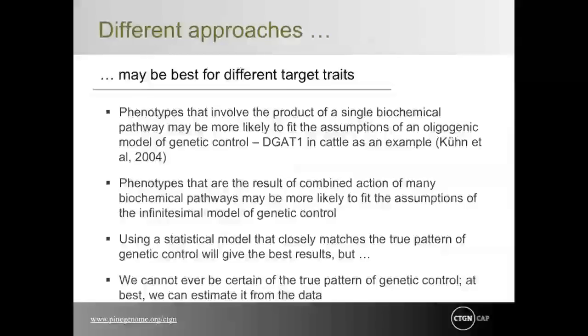More complex traits, such as growth in forest trees, are likely to be affected by variation in hundreds or even thousands of different genes, and so the infinitesimal model may describe the underlying genetic architecture fairly well, thus allowing use of BLUP methods.